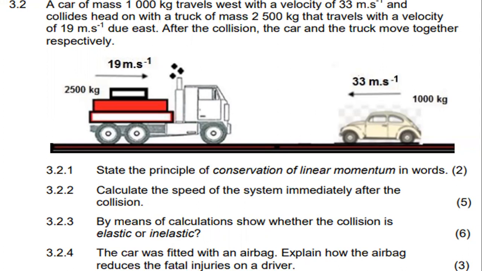Then, if the collision is inelastic, it means the total linear momentum before the collision is also equal to the total momentum after the collision. But what is the difference between the two? If it is elastic, the total kinetic energy before the collision will be equal to the total kinetic energy after the collision.